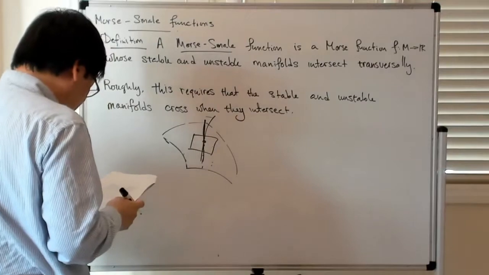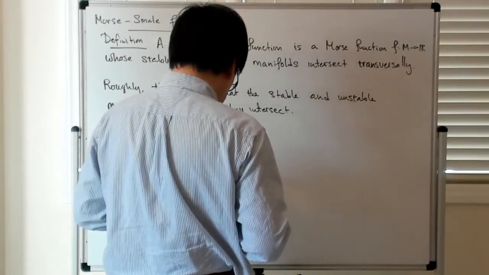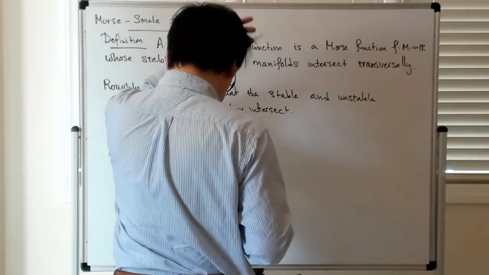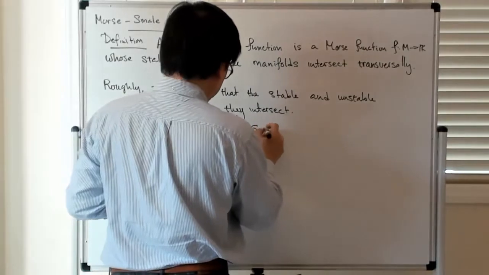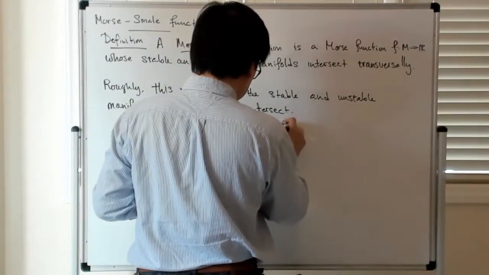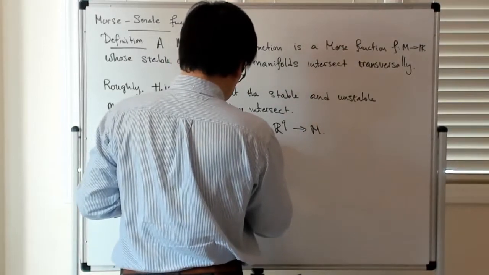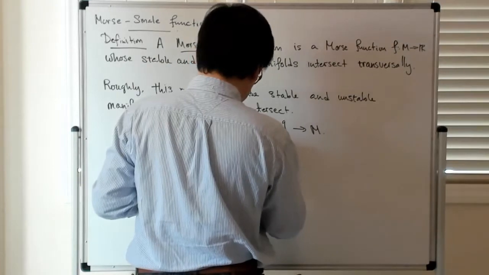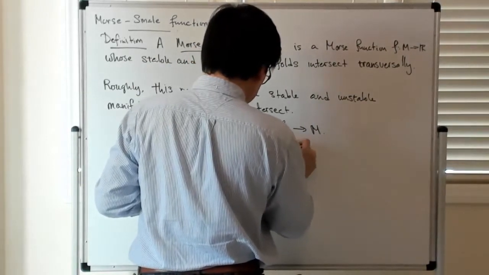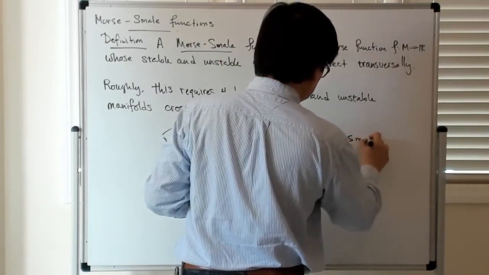Let's try to be more precise about this. Let's say we have sigma, which is a map from R^q to the manifold, and nu, which is a map from R^p to the manifold. These are smooth maps.